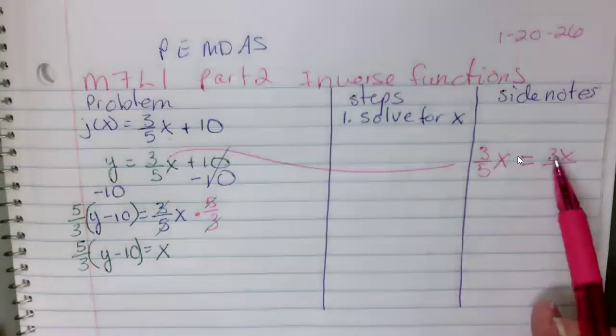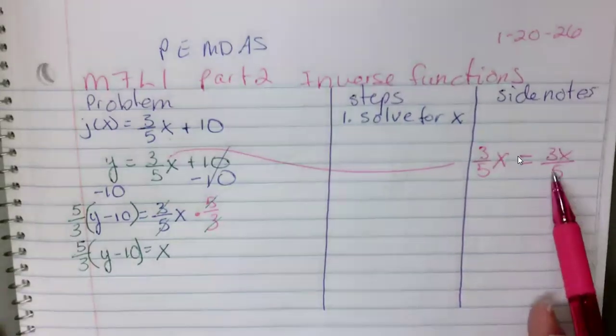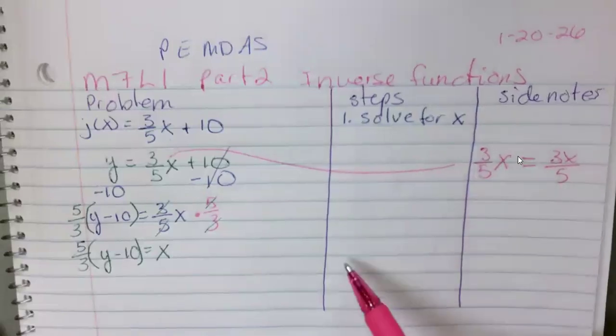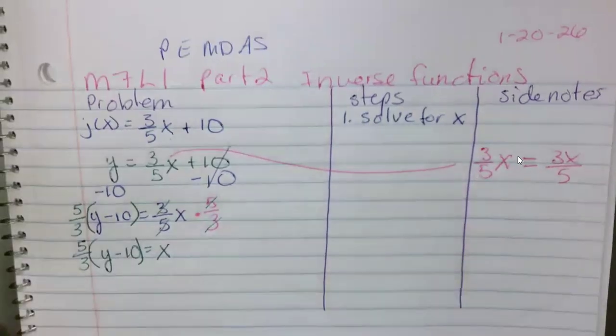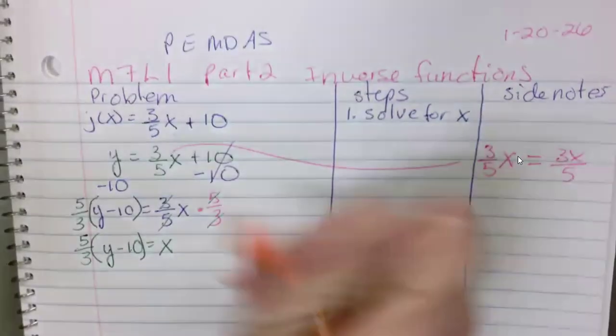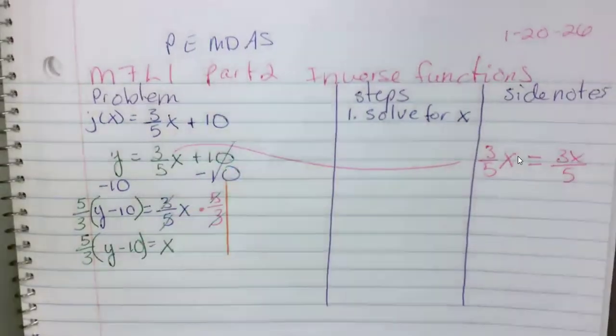Here, you're multiplying 3 times x and then dividing it all by 5. Or here, you're dividing 3 by 5 and then multiplying that times x. Both work. So let's do it that way over here. Let me find a good color to box it off with. All right, so I'm going to do this same step just over here on the other side.